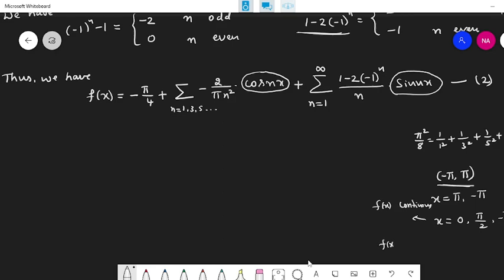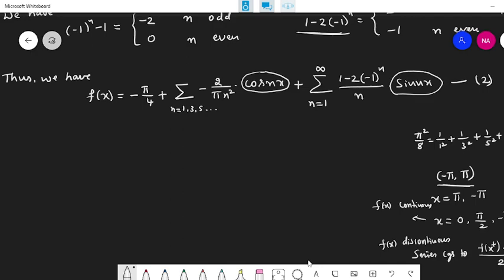If the function is not continuous, that we say discontinuous function, then the series converges to (f of x plus plus f of x minus) by 2.